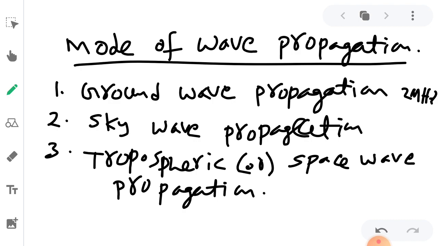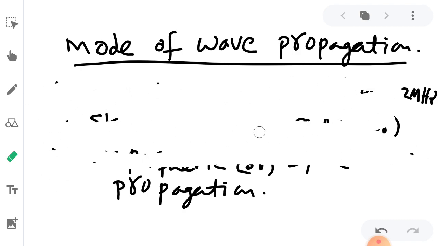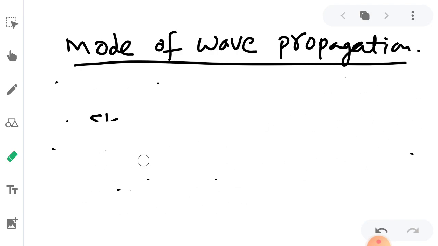Sky wave propagation is also called ionospheric wave propagation because the ionosphere is used for it. The signals transmitted from the transmitter station are reflected and refracted by the ionosphere, and they are received at the receiver station.